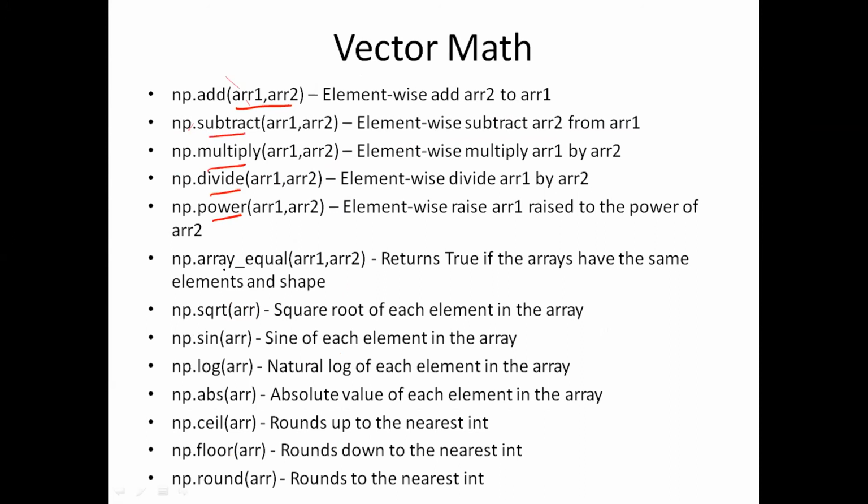Array equal will return true if these two arrays have the same elements and have the same shape. Sqrt will find the square root of each element of the array. Sign will give me the sign of each element. Log will give me the natural logarithm. Absolute, ceil, floor, round, all these are possible on NumPy arrays as vector math operations.